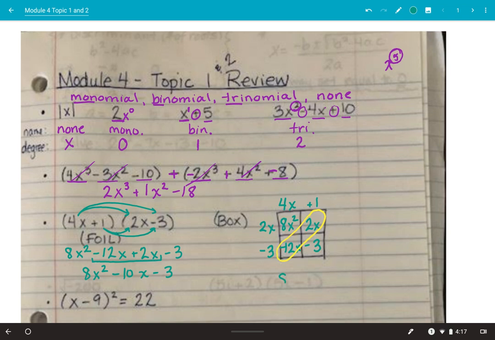So 8x squared. And usually the diagonals are going to be the same term. You're going to combine them together also. And usually that bottom right is going to be last. So top left is always first, bottom right always last, 99% of the time. And if it was a 2 by 3, you just add on another box to the side if you need it. All right.